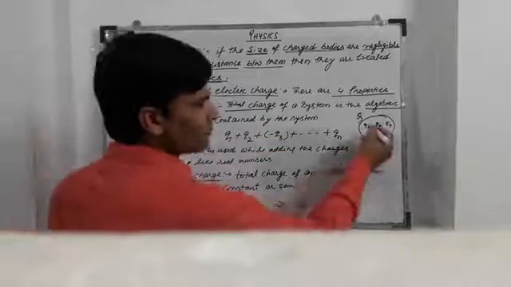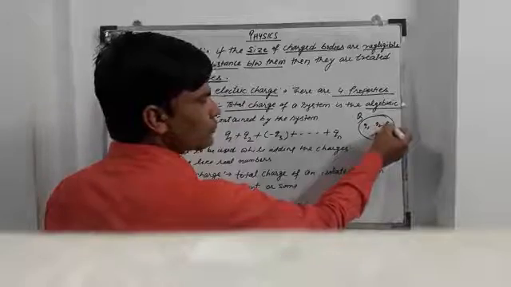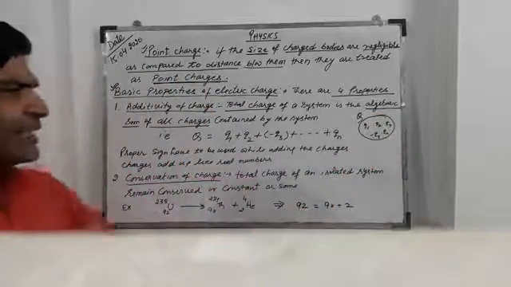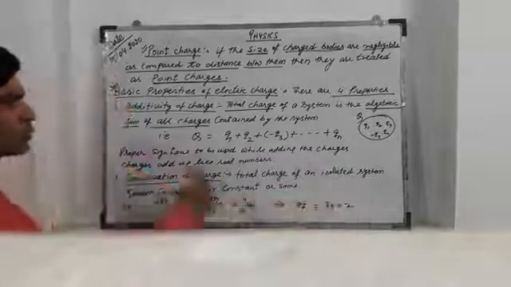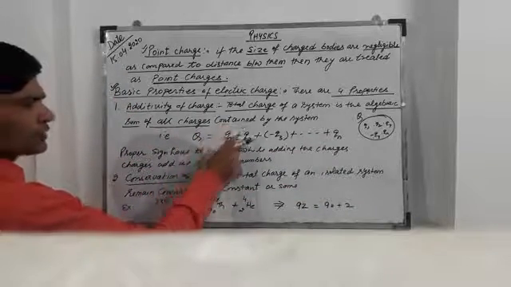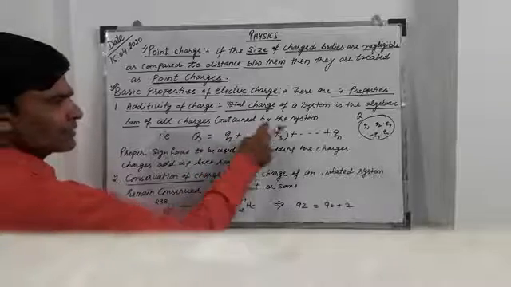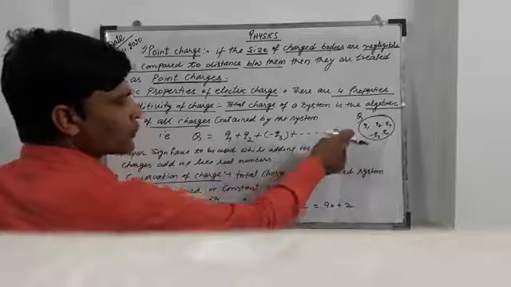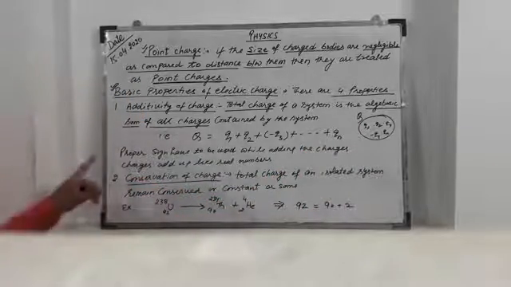Means if charges q1, q2, minus q3, up to qn are in a system, then the total charge q is equal to q1 plus q2 plus minus q3 plus, and so on up to qn. Okay?